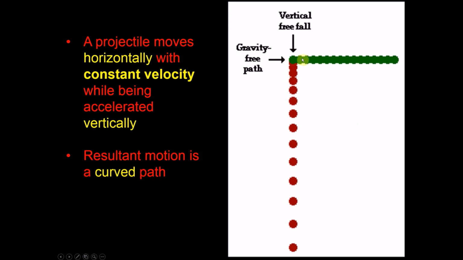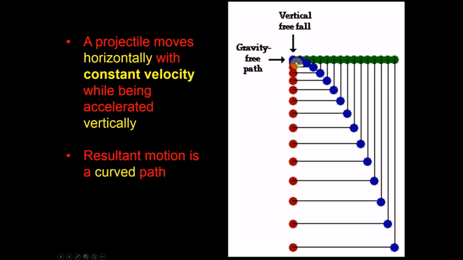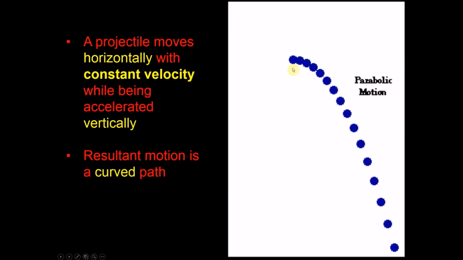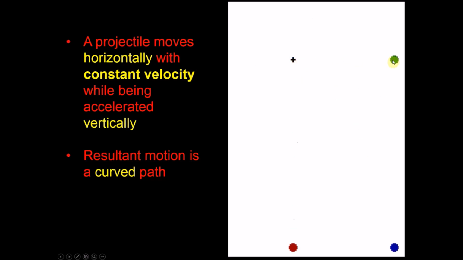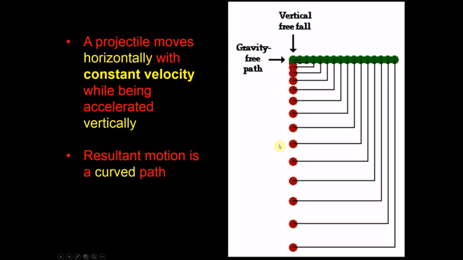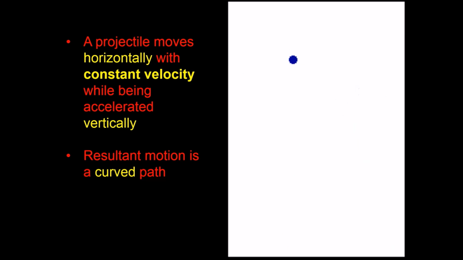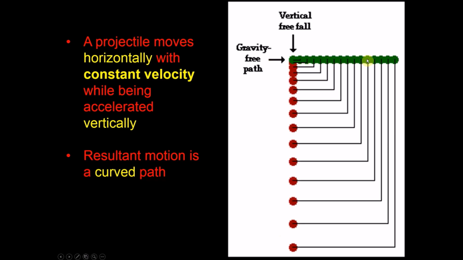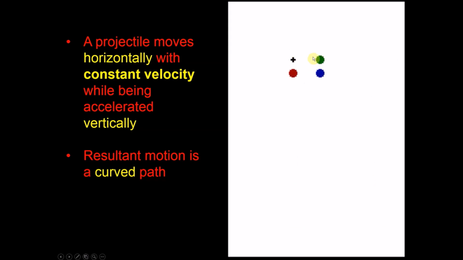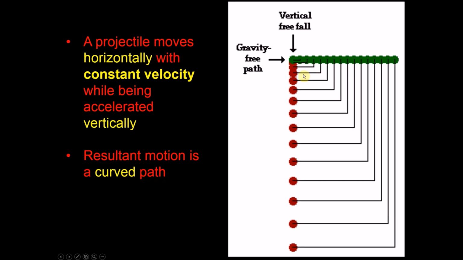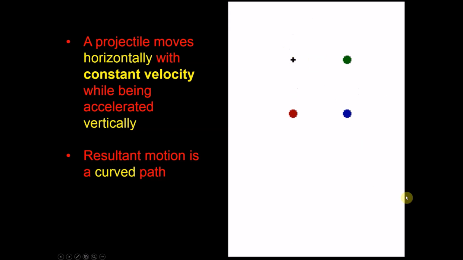Now, if you look at this and these balls are fired at exactly the same time, you can add essentially the vectors of the position of the green ball here in the horizontal and the position of the red ball in the vertical, and you can add these two together, and what you'll get is a parabolic motion. Adding Vx and Vy together, or adding Sx and Sy, will give you this curved motion, as if the ball has been thrown in this parabolic trajectory.